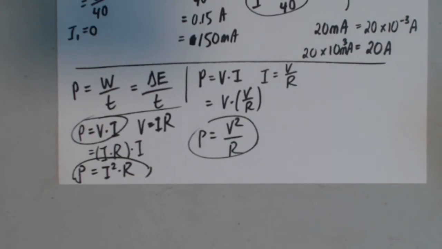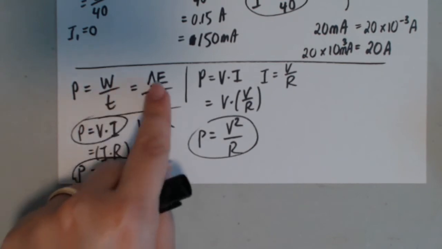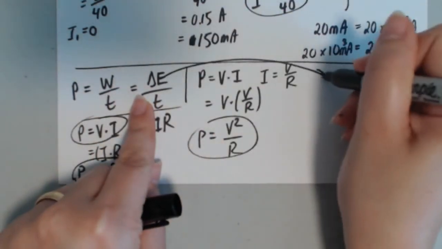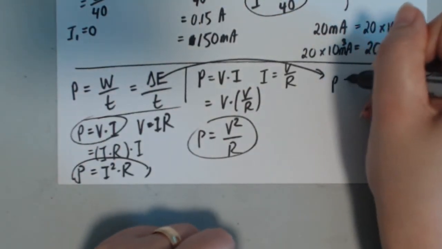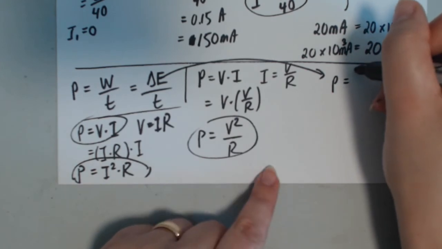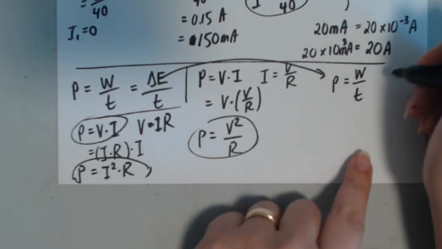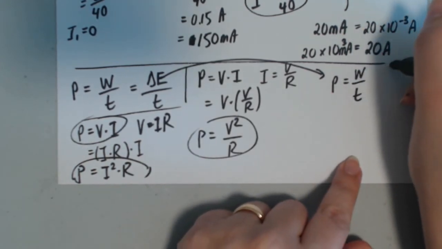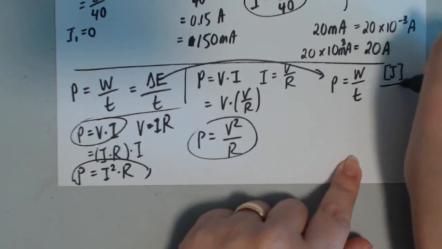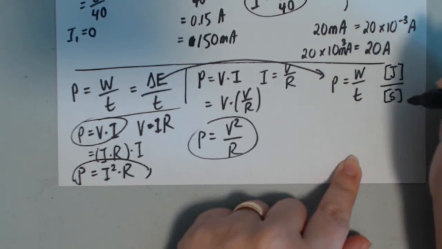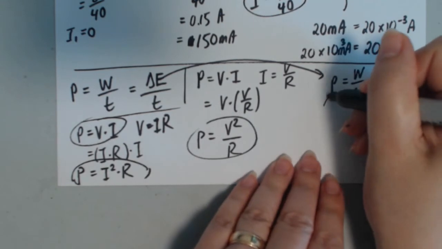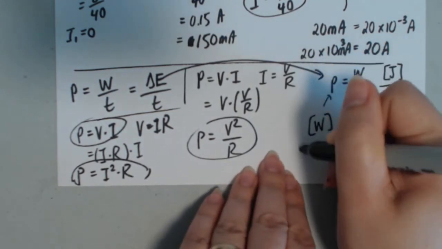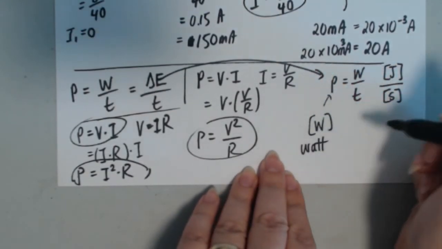If we look at this, I want to go back to this little box here for a moment. So we said power is work over time, or delta E over time. Work or change in energy is measured in joules, and time is measured in seconds, right? But we're being told that the unit for power is the watt, spelled W-A-T-T.